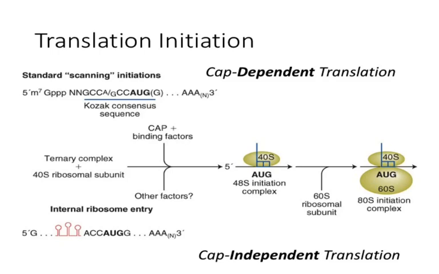That 5' cap, we'll take a look at in a minute, helps to recruit what are known as eukaryotic initiation factors, which can be abbreviated as EIF, lowercase e for eukaryote, IF for initiation factor. The initiation factors help to bring the small and large ribosome subunits to the mRNA to initiate translation.